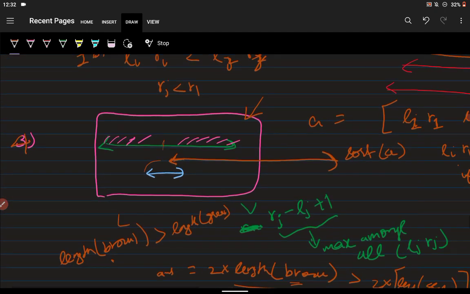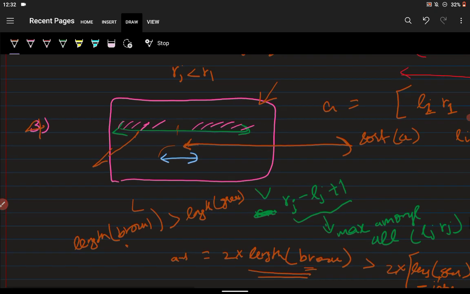The key observation is that here we just have to check scenario 4. We can fix green as the range with maximum length, Rj minus Lj plus 1.